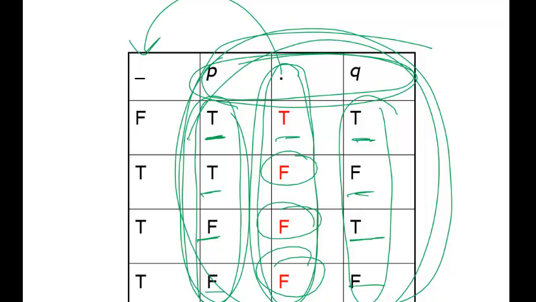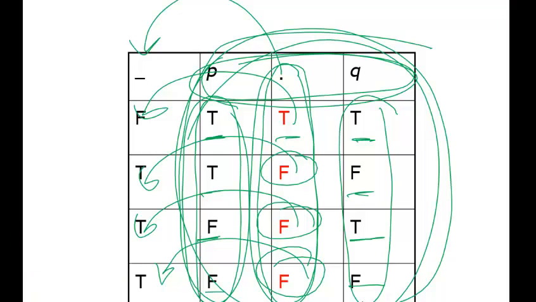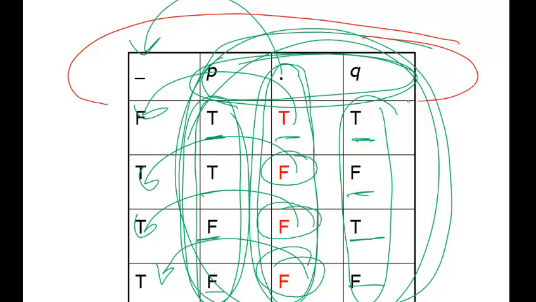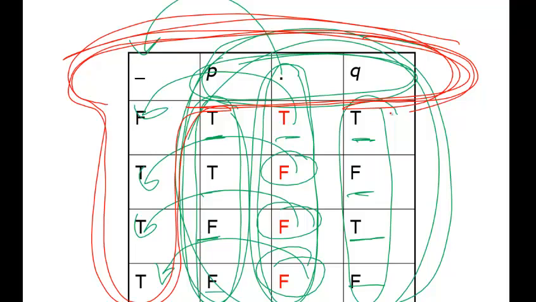Once we do that, we simply flip the values: T becomes F, F becomes T. So we end up with the value for the whole sentence, and this column gives you the value of the whole thing.